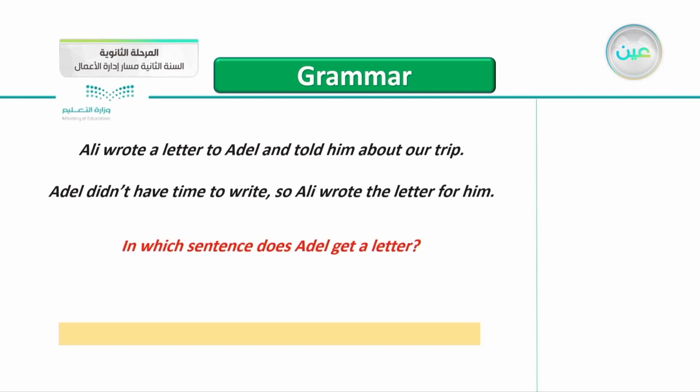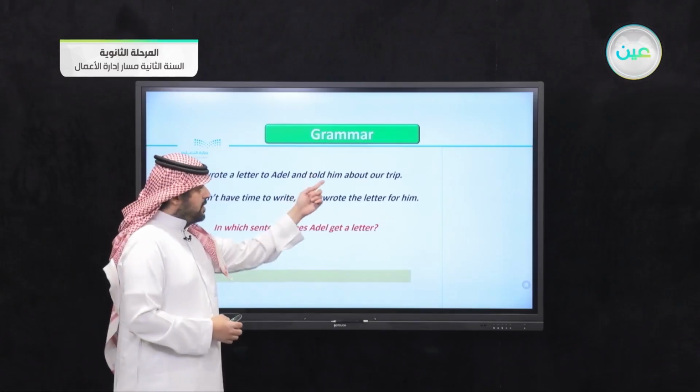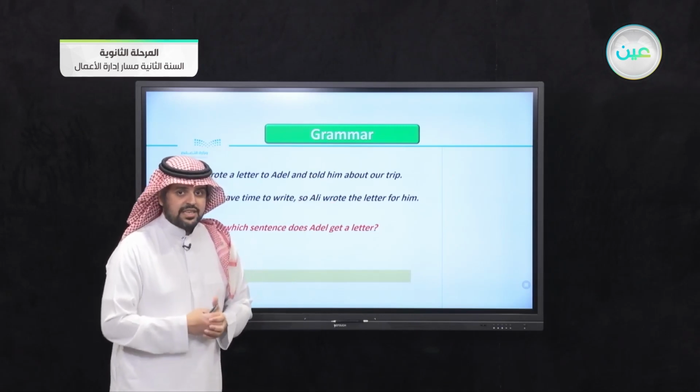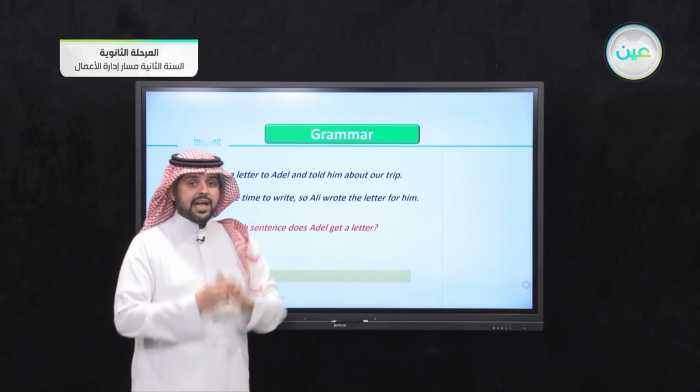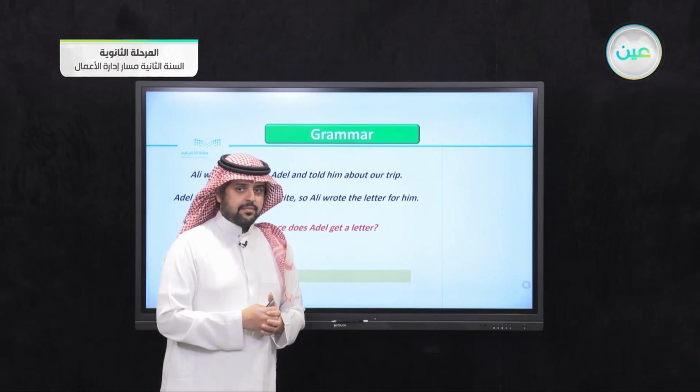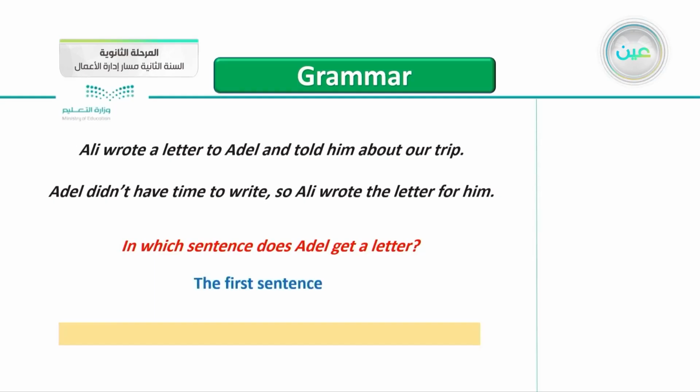In which sentence does Adil get a letter? So in which sentence, is it this one or this one? In the first sentence it says Ali wrote a letter to Adil.